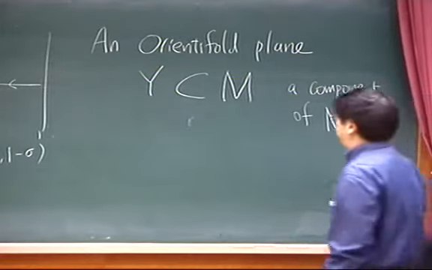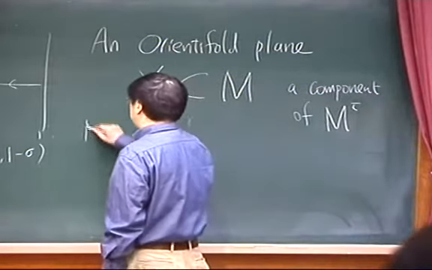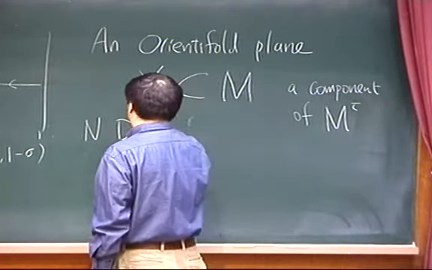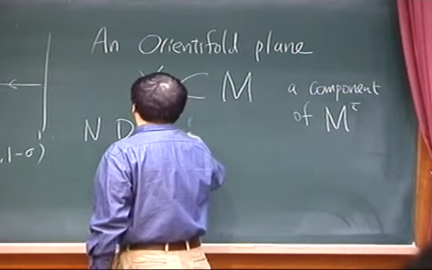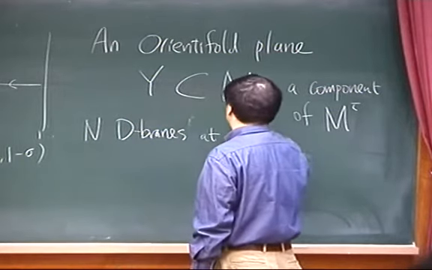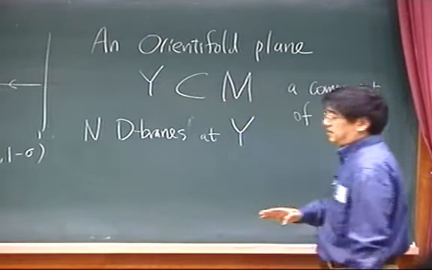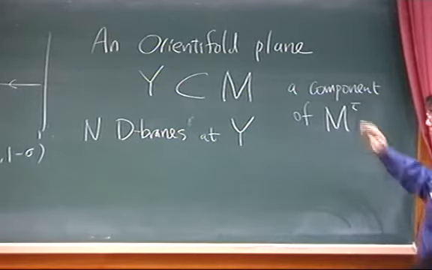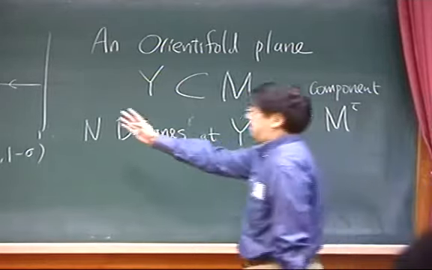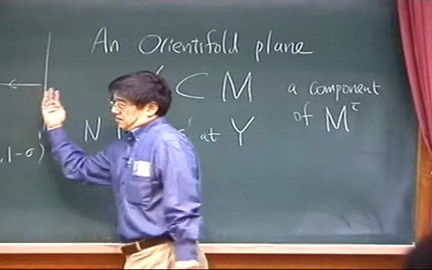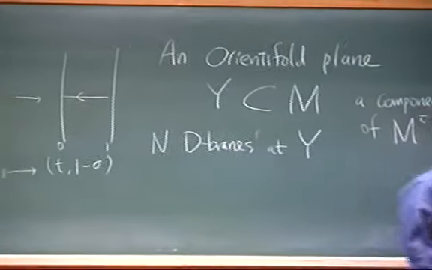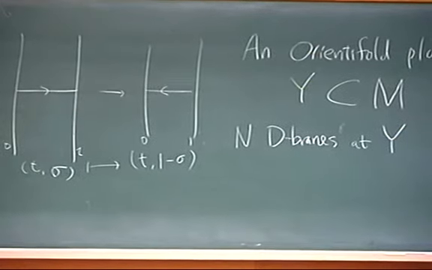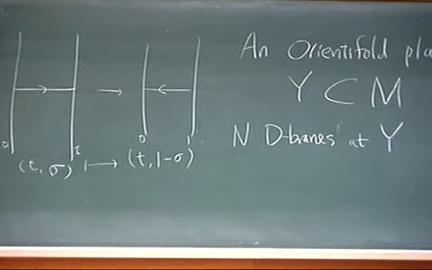And if you have n D-branes at Y, so if you have n D-branes in general at some submanifold, it will support a U(N) gauge group. But in this orientifold theory, because of this identification of configurations, it will introduce a projection condition on this U(N) gauge group.